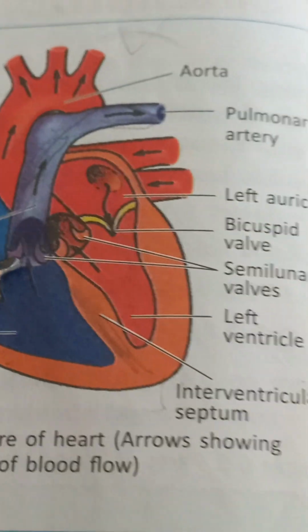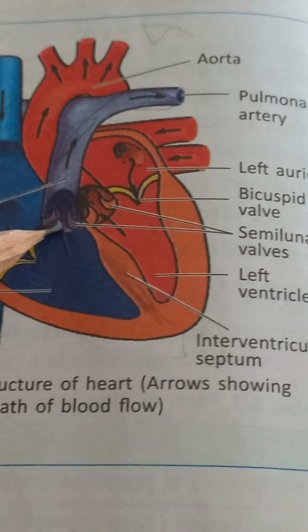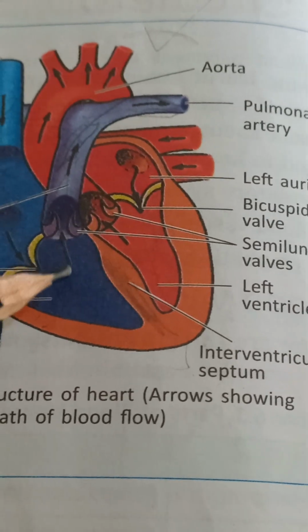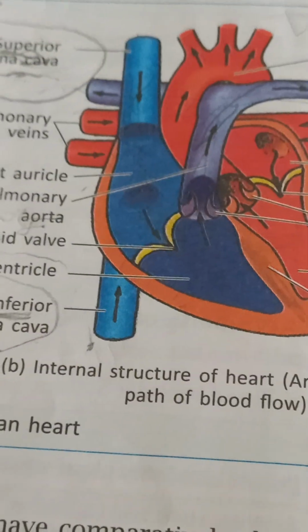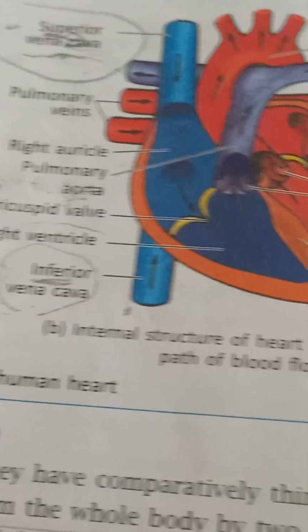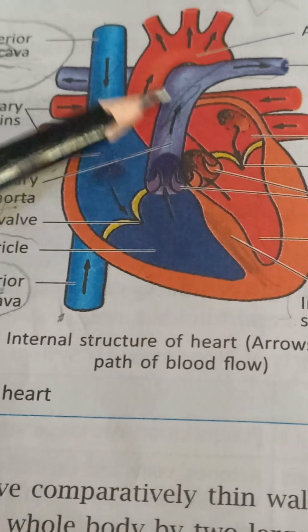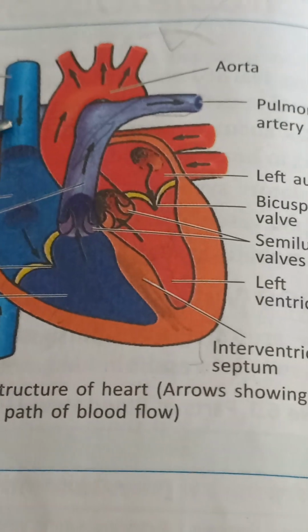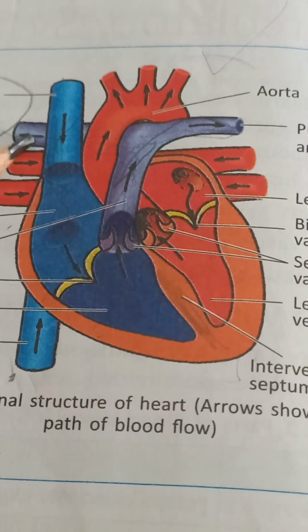And semilunar valves are present at the base of the pulmonary artery. So where does the pulmonary artery originate? From the right ventricle. From the right ventricle the pulmonary artery arises, leaves the heart and branches on two sides, entering the right lung and the left lung.